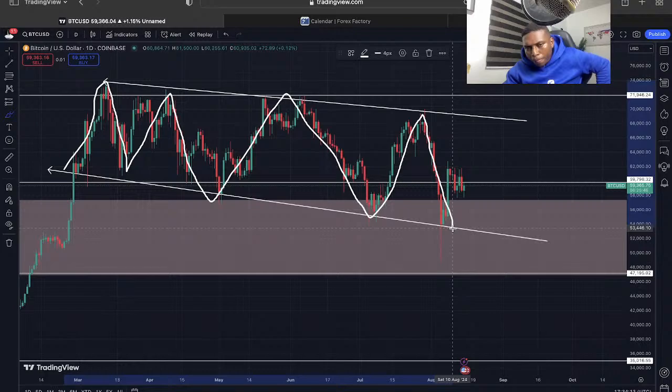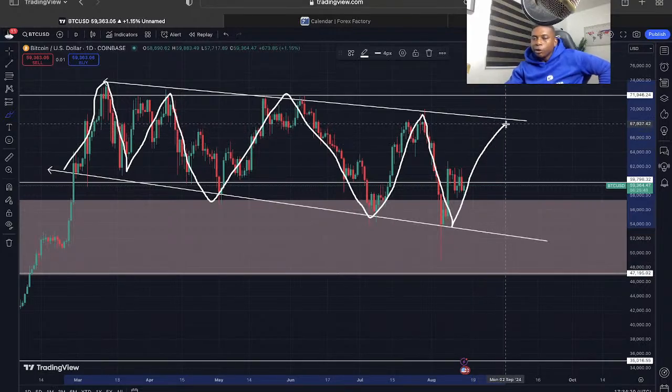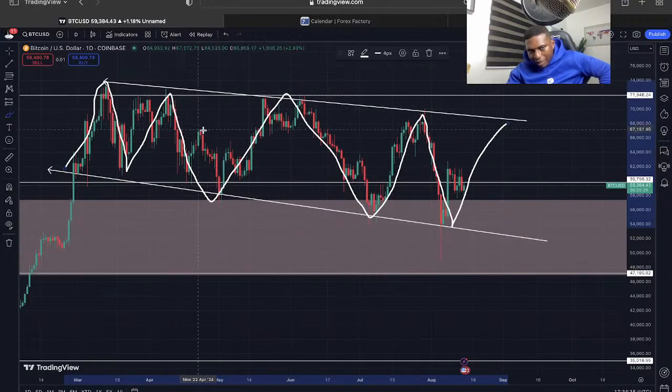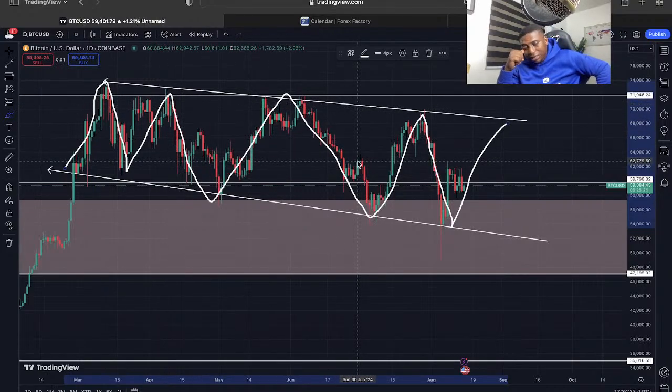So now, where next do you expect BTC to go? Of course, up, right? To continue the trend, the channel in which it is currently moving, in a higher low pattern.